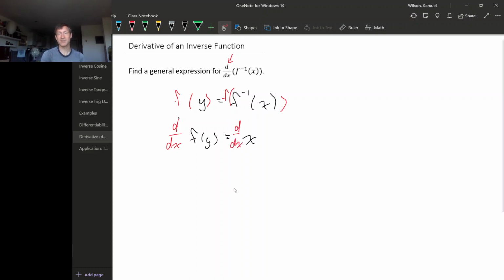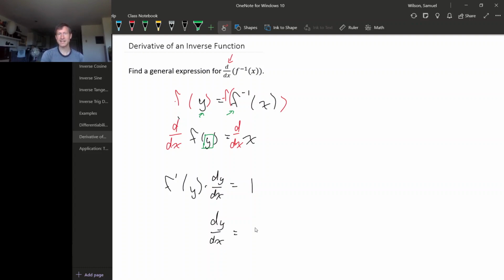On the right-hand side, we get 1. On the left-hand side, we have to do the chain rule because the outside function is f and the inside function is y. Remember, y is really a function of x here. So we get derivative of f at y times the derivative of y, so dy dx. Now we can solve for dy dx.